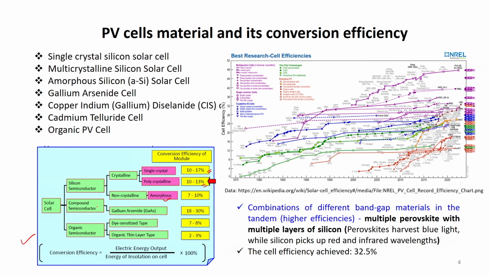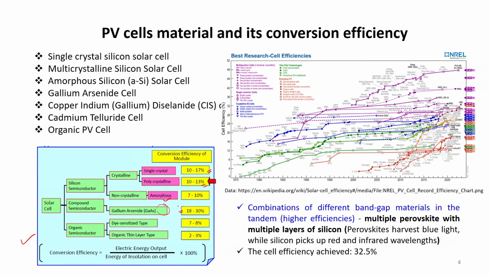Apart from that, when we are interested in compound semiconductors, we can see gallium arsenide has very high efficiency, but this material is not so abundantly available. That is the reason why it has not gained as much popularity as silicon based solar cells.